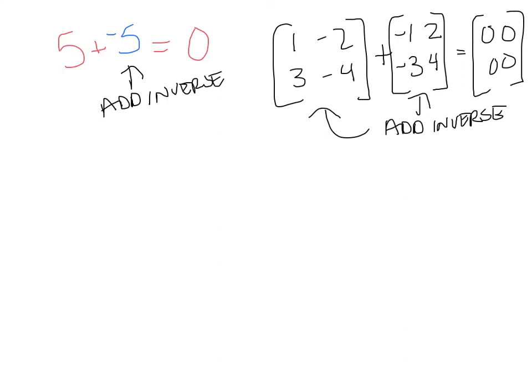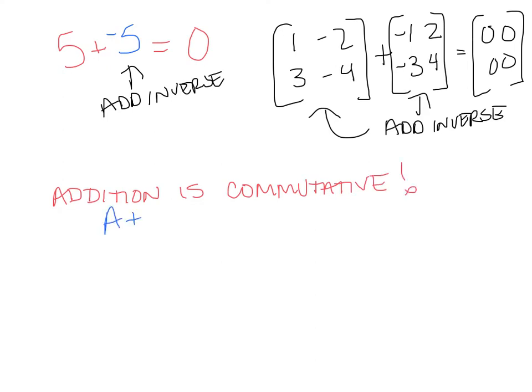Now, we did some adding here, so here's a good place to note. Now remember that addition with matrices is commutative. So what does that mean? That means that I could take A and add it to B, and it would be the same as taking B and adding it to A. Now, it's important to note, though, that subtraction is not commutative.